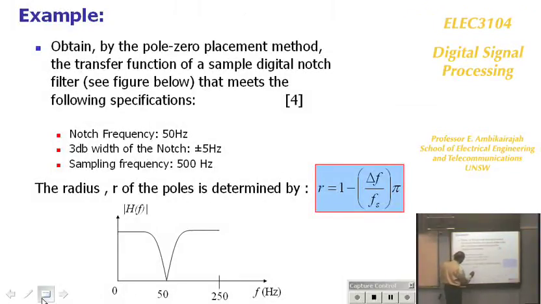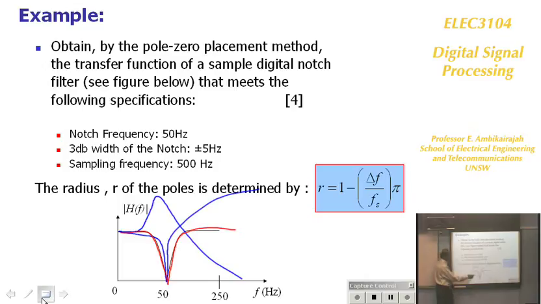So what you have designed is something like that, and you design something really steep like that, and the overall response is the red one, which goes like that and like that. So the transfer function is given, and this is how you design a notch filter.